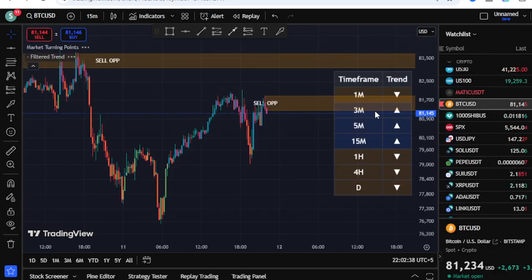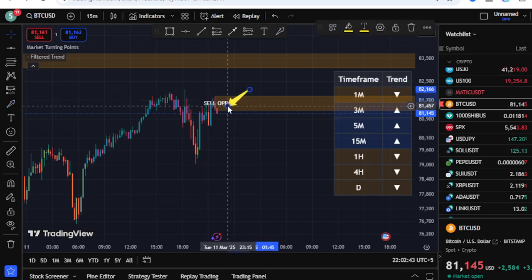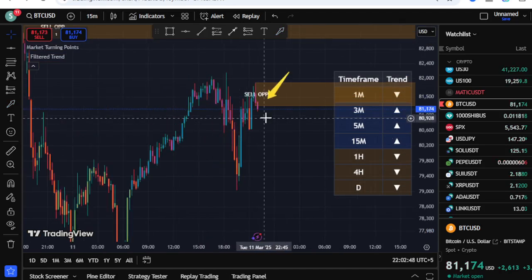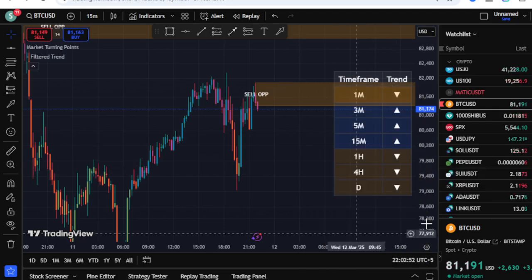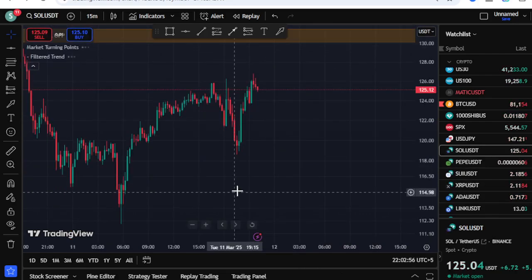Let's have a look on Bitcoin today. Okay, so Bitcoin, the higher time frames are bearish, and right now the selling block is appearing. It's not fixed because the candle is in formation right now, but overall looks like that things can turn bearish because the higher time frames are bearish right now. So keep an eye on Bitcoin. It can go down in the next coming hours.